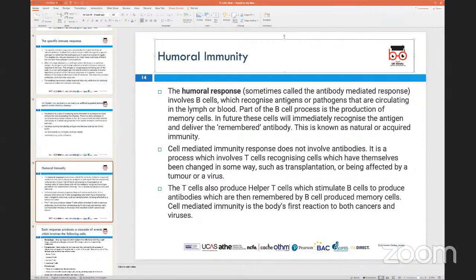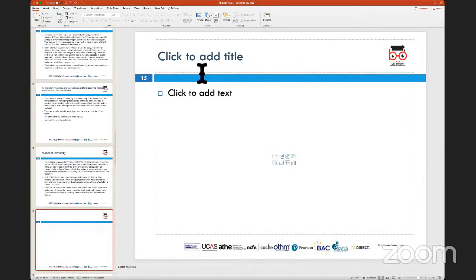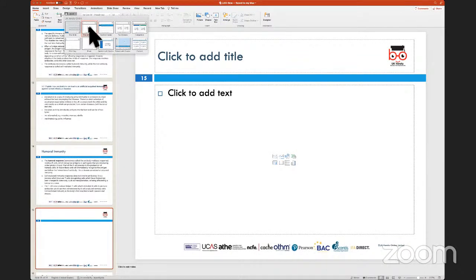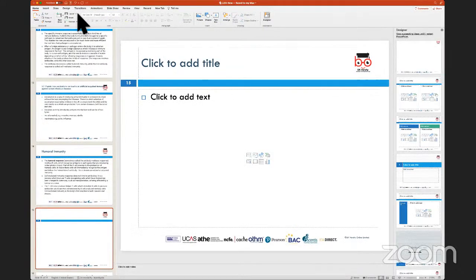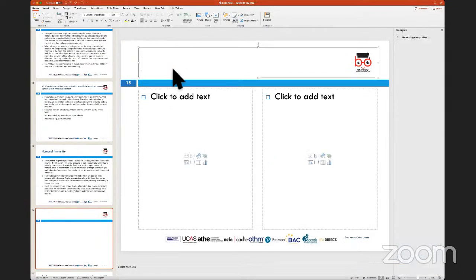So when we talk about immunity which is mediated through vaccination, let me insert a slide here, and what I want to do is just make this a bit clearer.